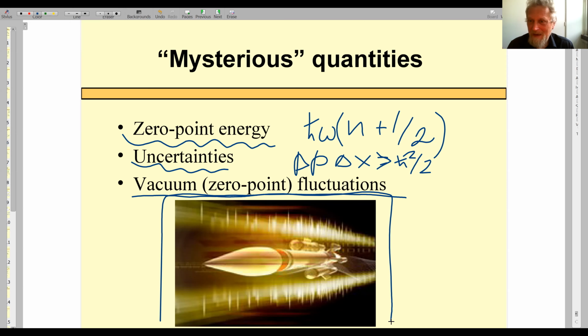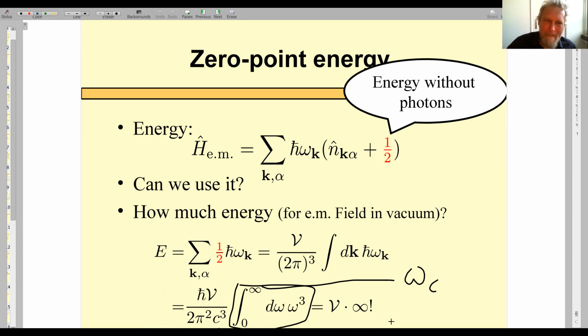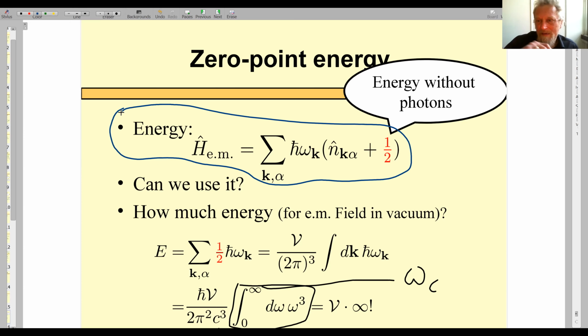Fine, it was useful, and that's why I have this fancy picture. Let's look at it, and as a side exercise, let us understand whether you can really fly using the zero-point energies. First, what is this? It's simple. It comes from the Hamiltonian of the oscillator. There is some energy in any oscillator, even without any particles, for the electromagnetic field, without any photons.